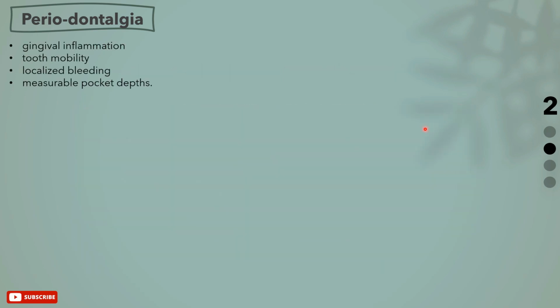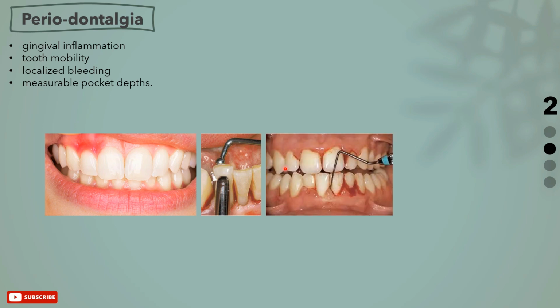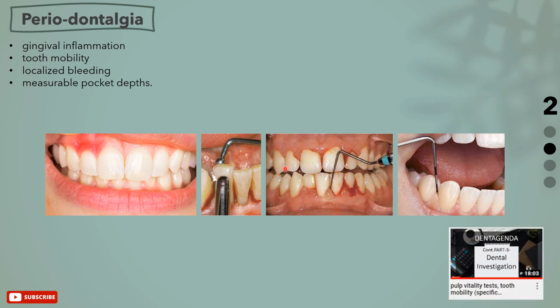Other characteristics of this disease are gingival inflammation, tooth mobility, localized bleeding, and measurable pocket depth. To learn more about tooth mobility, check this video, Dental Investigation.